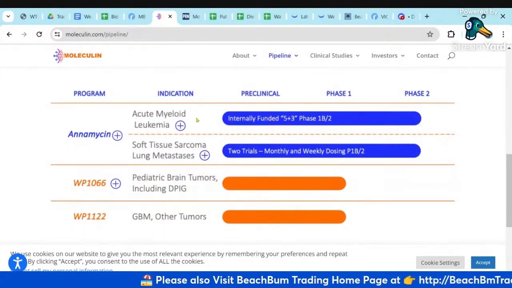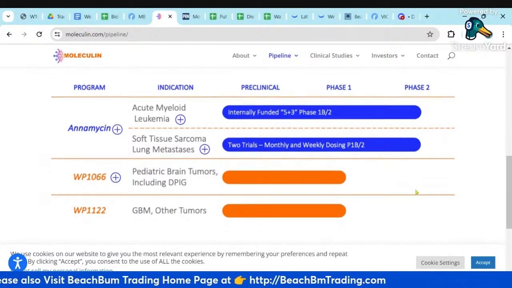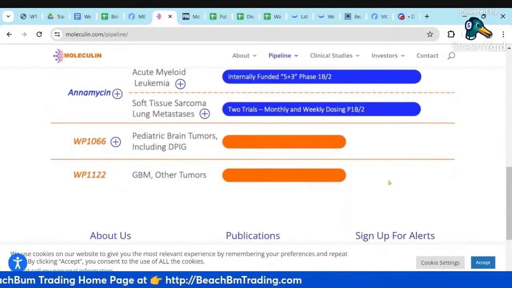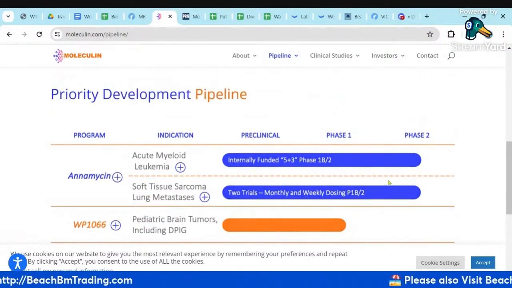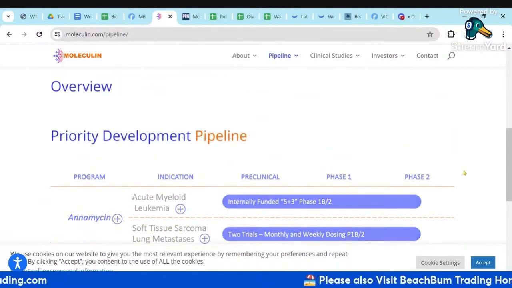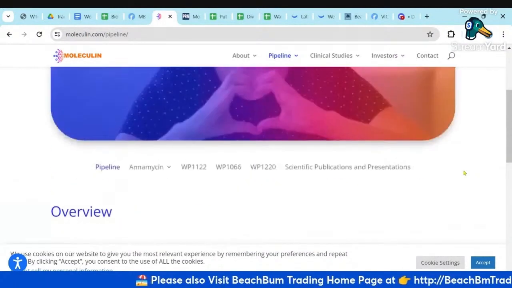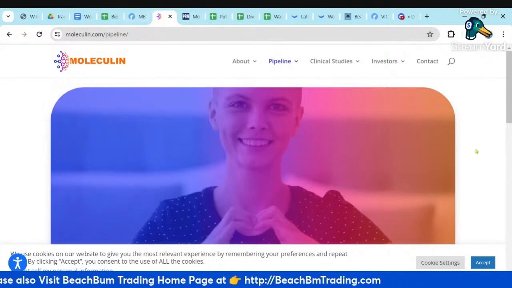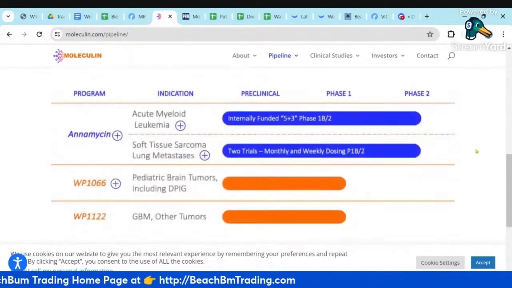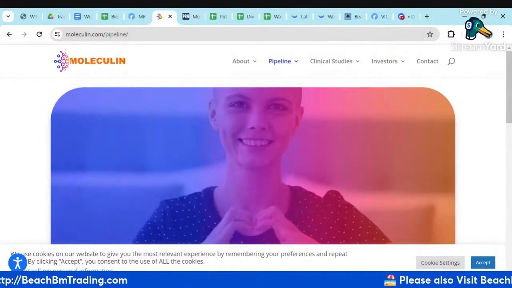And okay, leukemia, sarcoma, brain tumors. So again, these are tough. They'll get a nice pop out of any positive news. But again, if they fail any of these trials, they're going to get severely punished, cut in half. And it doesn't look like they have commercialized anything at this time. So you're totally at the mercy of their catalyst.